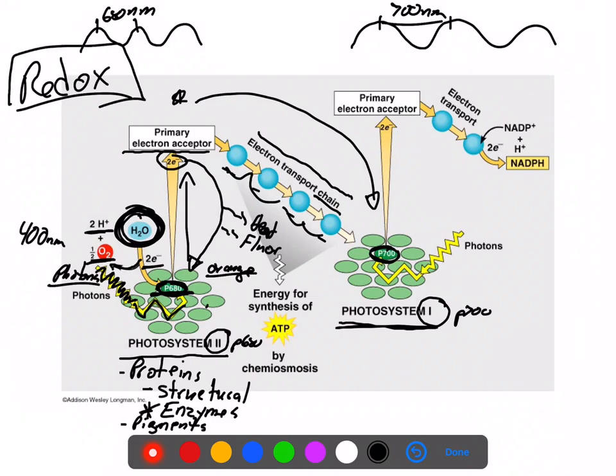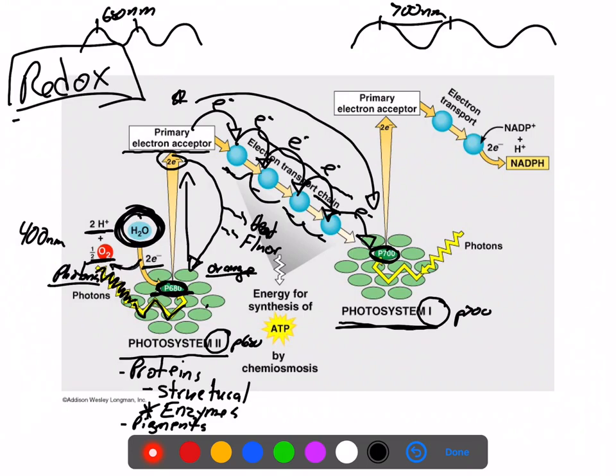Okay, so the electrons move through a process called redox. That's oxidation and reduction happening at the same time. But then the primary electron acceptor loses its electrons to this first electron transporter, and then to this one. And then this guy loses it to that guy, and then that guy loses it to this guy. And then the last electron transporter loses it to P700.